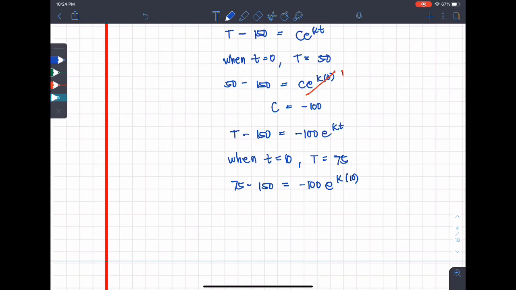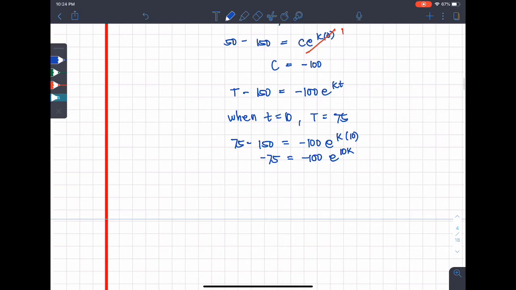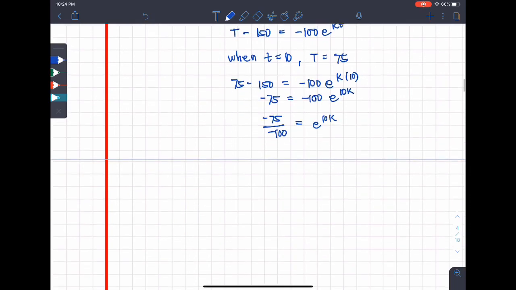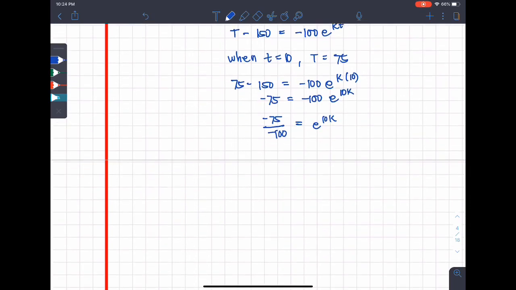So 75 minus 150 is negative 75, equal to negative 100 e raised to 10k. And negative 75 over negative 100, or simply 75 over 100, is 3/4, equal to e raised to 10k.